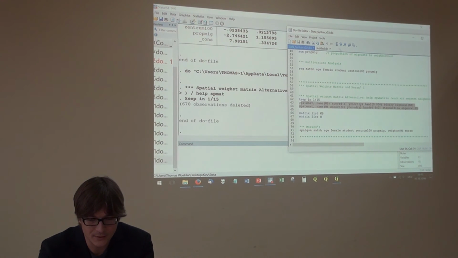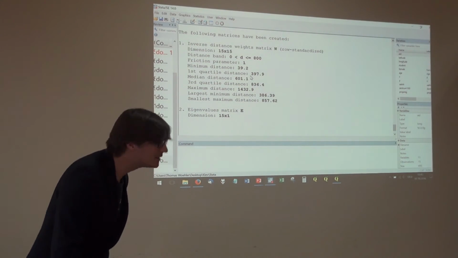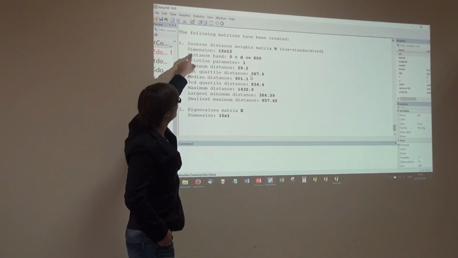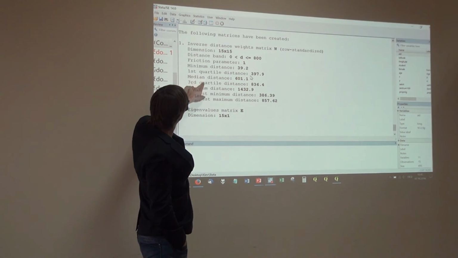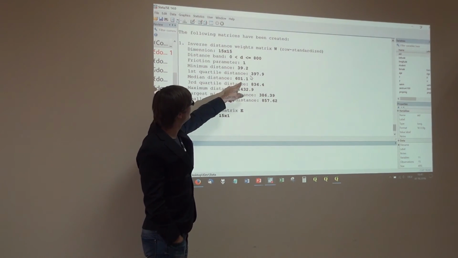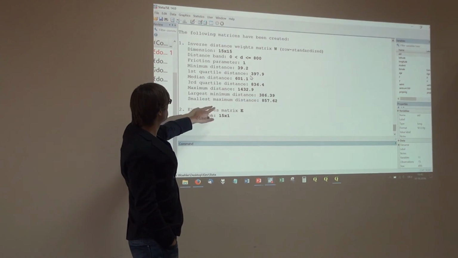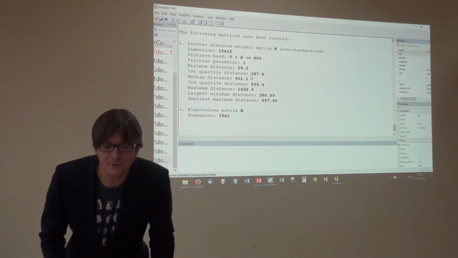And when I calculate this it goes really quickly, because it's just a 15 by 15 matrix, and we see here the resulting dimensions are 15 by 15. The median distance is 601, and there are some other distances and so on, and I will show you the matrix now.